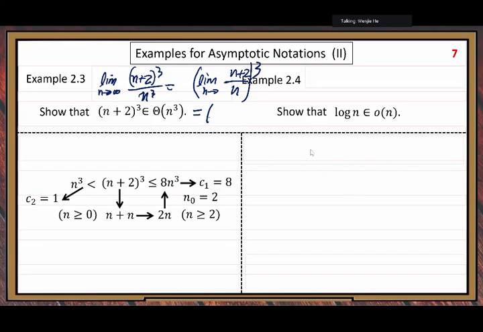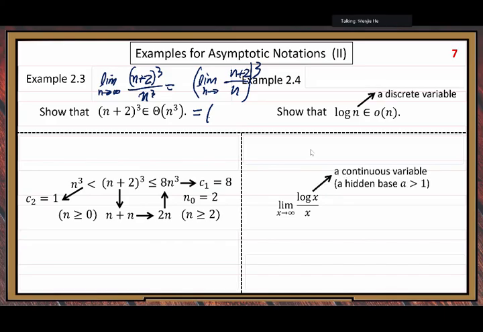Although it's a discrete variable, we need to convert it to a continuous variable first. Then we can apply L'Hopital's rule because it's an infinity over infinity indeterminate form. So we need to check it in our mind. All right. Then we can take the derivative.